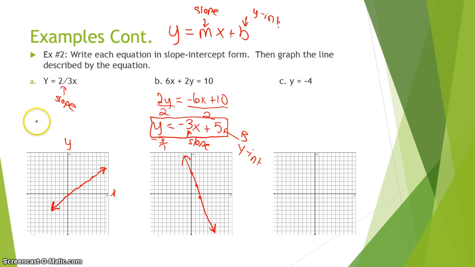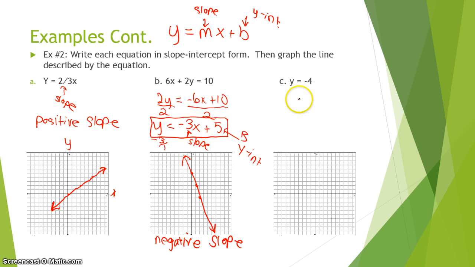Notice the first one, A, is a positive slope, which makes sense because my slope is positive. Notice my second one, B, is a negative slope, which makes sense too because my slope here is a negative 3.